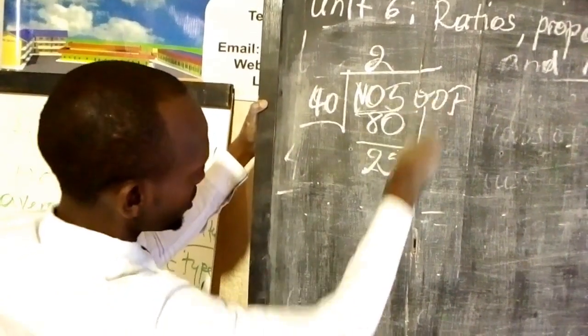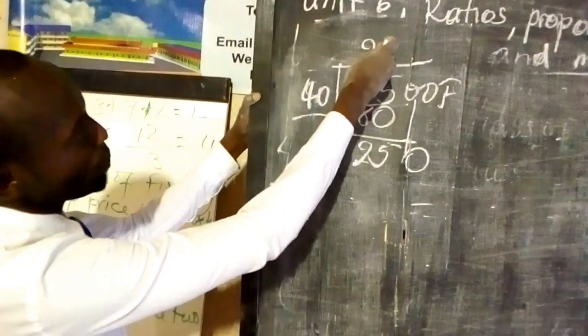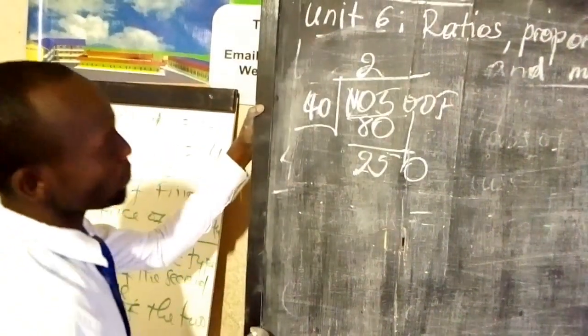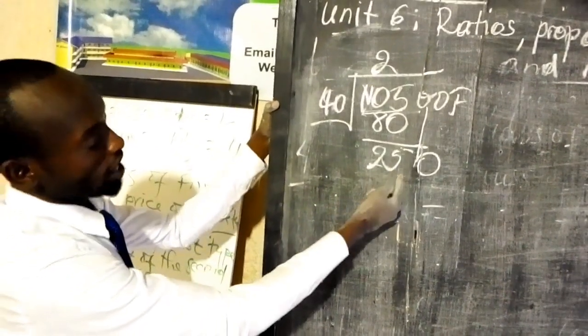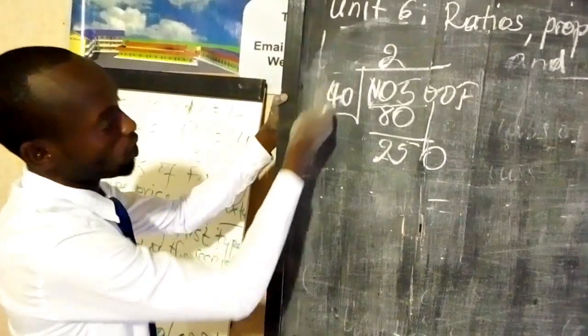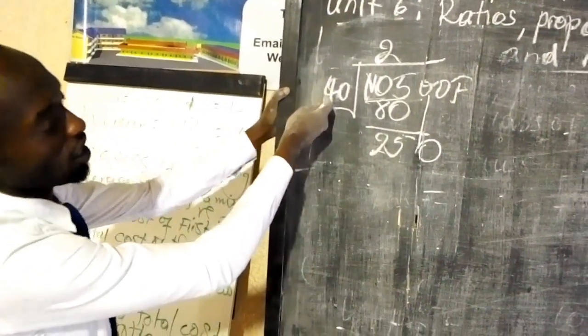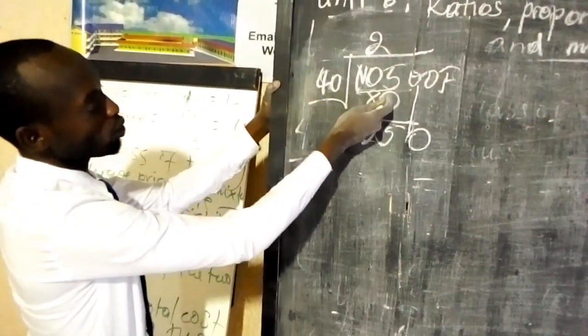I put down 0. 250 divided by 40. Which number can I put here up? When I multiply it by 40, I get 250 or nearby 250. So I continue the process of multiplication of 40. 40 times 2 we have seen that is equal to 80.